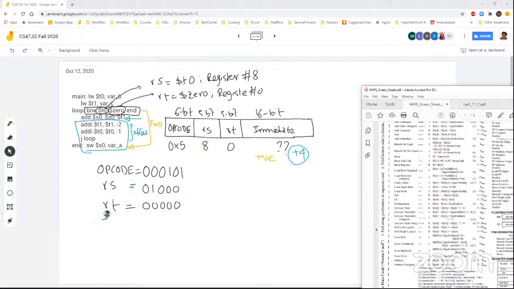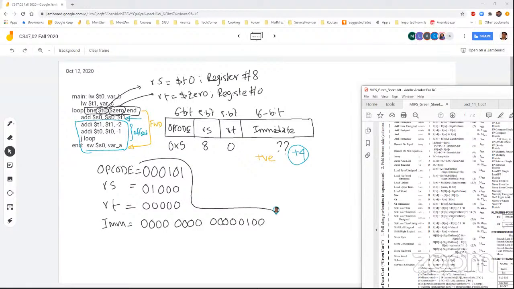And my immediate value is positive 4 in 16-bit 2's complement format: 0, 0, 0, 0, 0, 0, 0, 0, 0, 0, 0, 0, 0, 1, 0, 0. Now all we need to do is put together these 32 bits and determine the machine code.